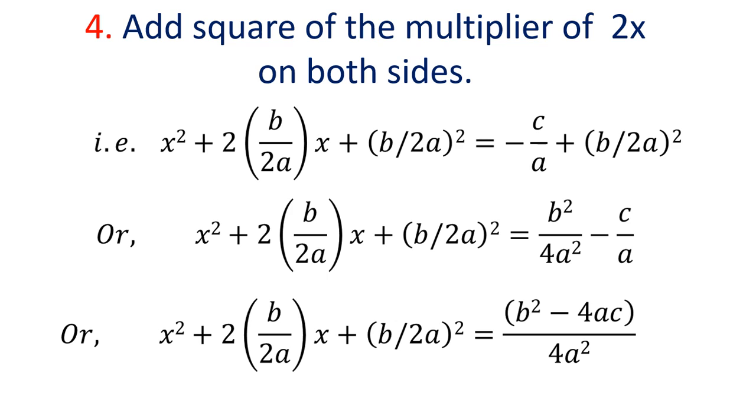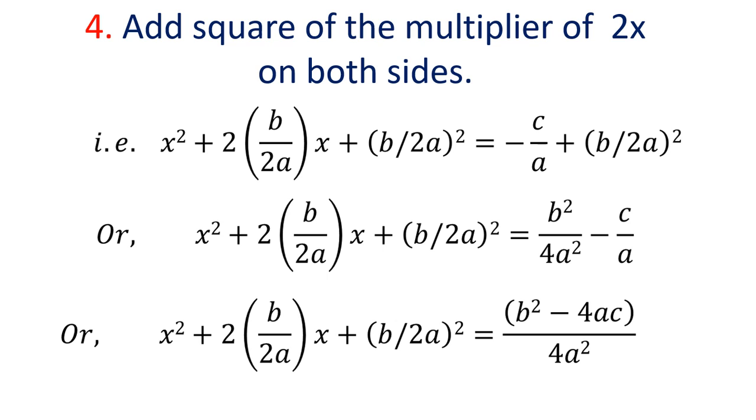It is x square plus 2 b upon 2a x plus b upon 2a whole square. This is nothing but the expanded form of x plus b upon 2a whole square. Let me bring your attention to the algebraic identity m plus n whole square. What is its expanded form? It is m square plus 2mn plus n square.